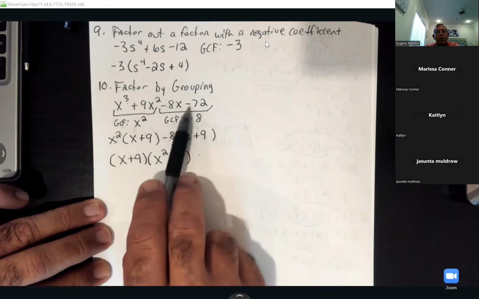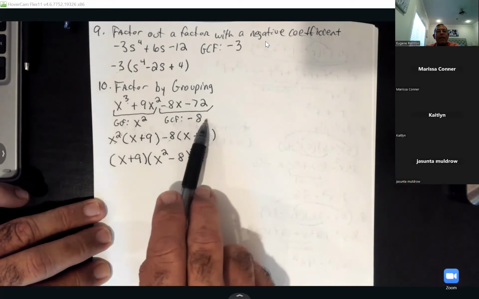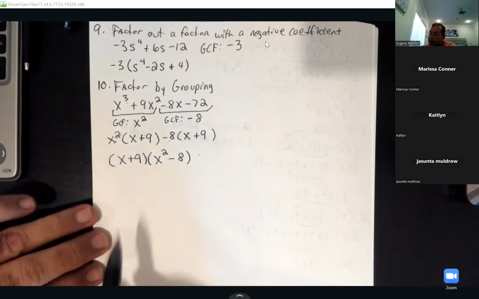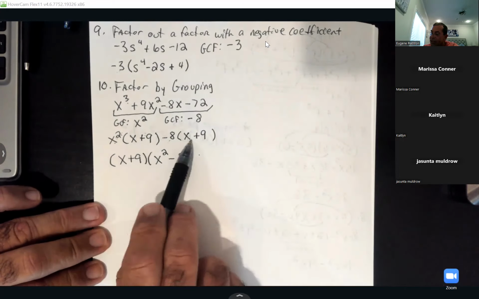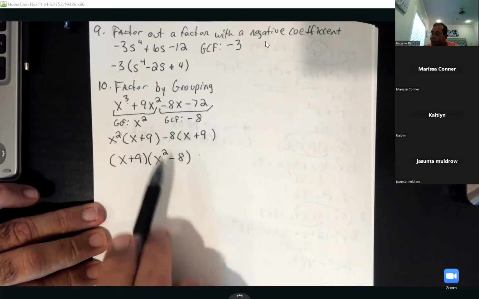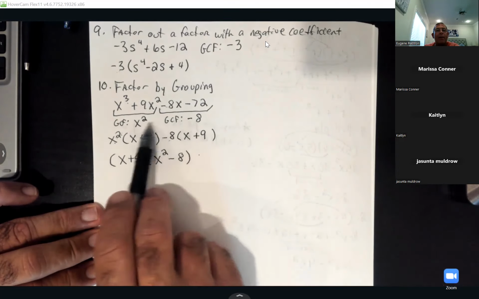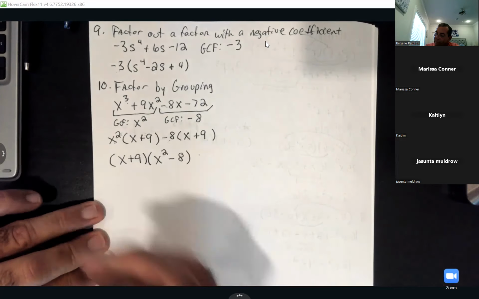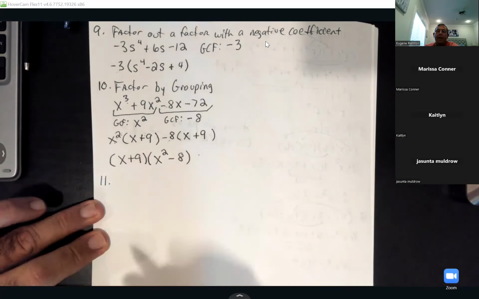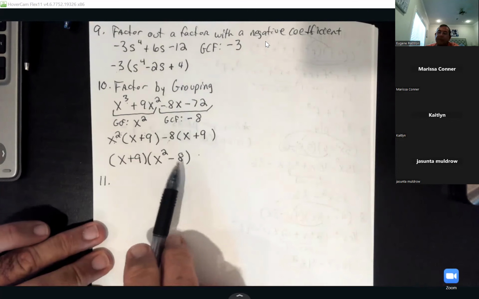Set up your two groups, factor out these GCFs. Now notice this final answer. It's the x plus 9 GCF here. And then the second parentheses is always these GCFs you brought out in the very beginning. So y'all, that's probably our second trickiest one, that number 10, okay?